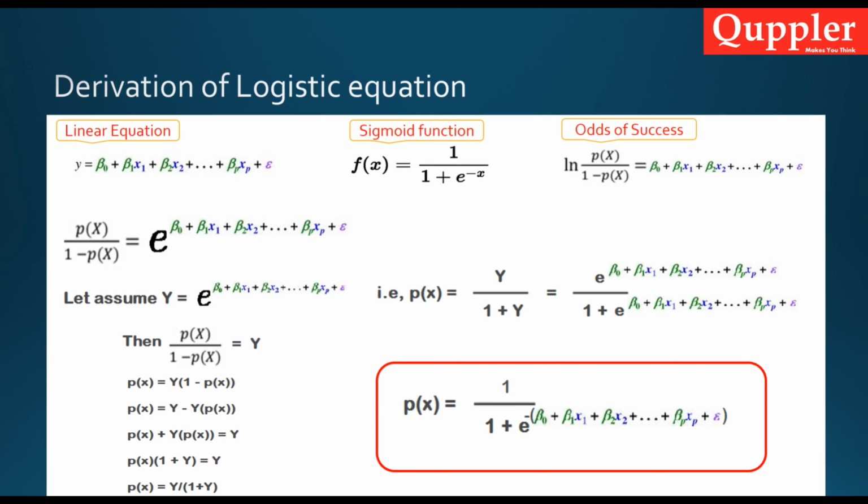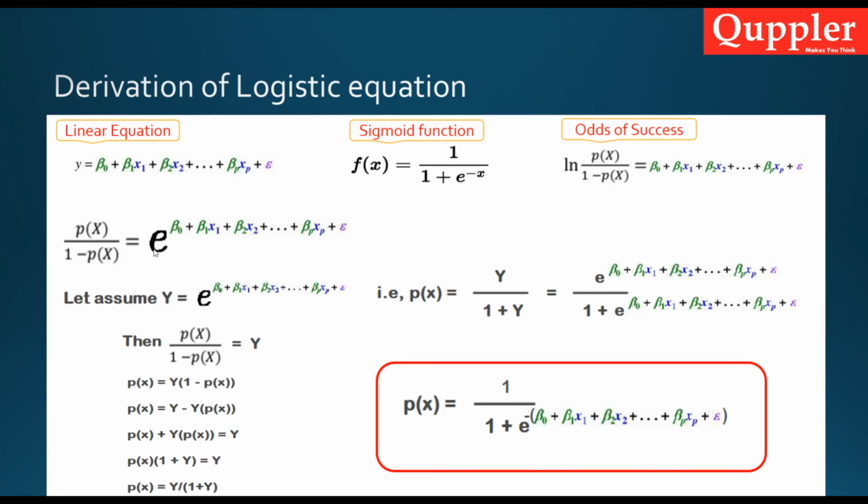The math behind this logistic equation lies in applying the log. If we apply the log to the odds of success, it is always equal to the equation of the straight line. Once this is given, on exponentiating both sides, we get p(x) by 1 minus p(x) equal to e to the power of the equation of the straight line, let's assume e to the power beta0 plus beta1 x1 till betan xn plus a random error term.